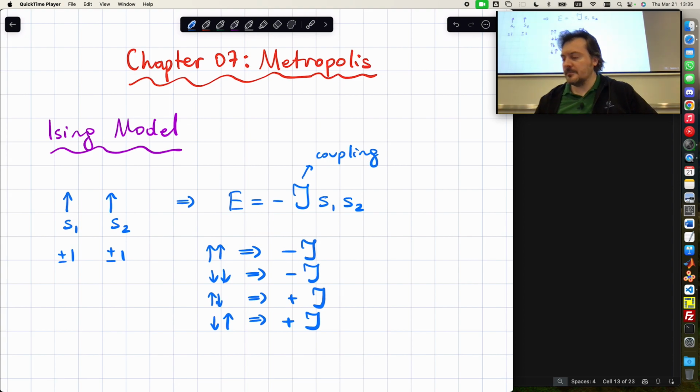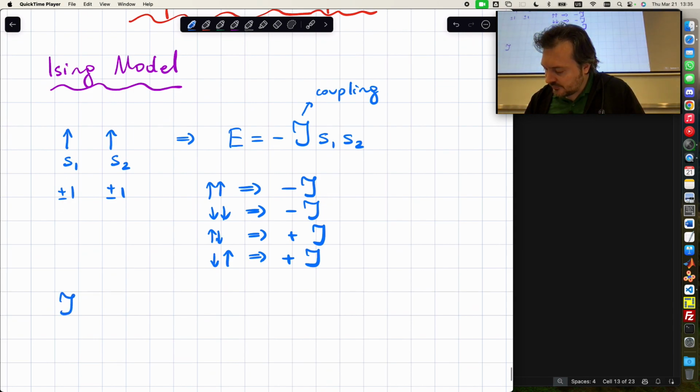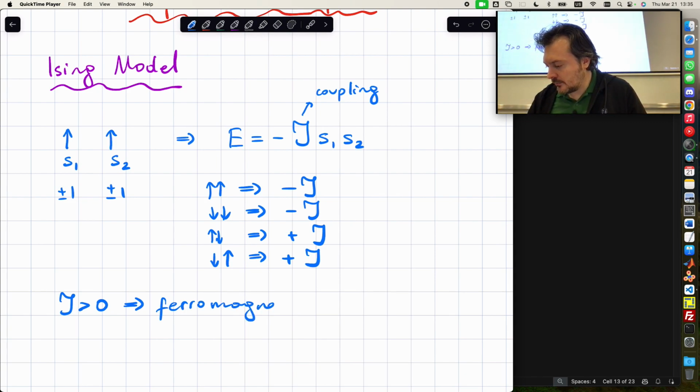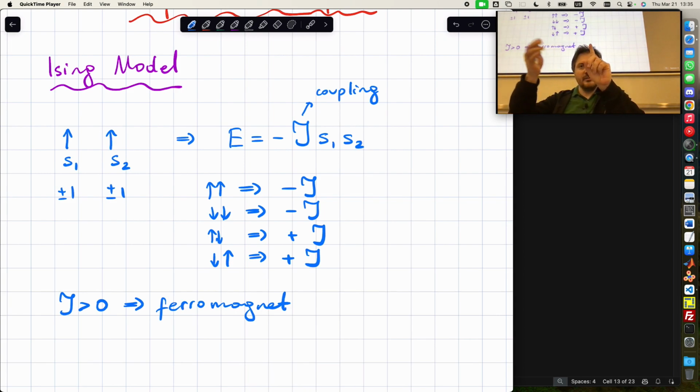Now, if J is positive, then you have a ferromagnet, right? Because if J is positive, aligning decreases the energy, so the ground state is when spins are aligned, right?